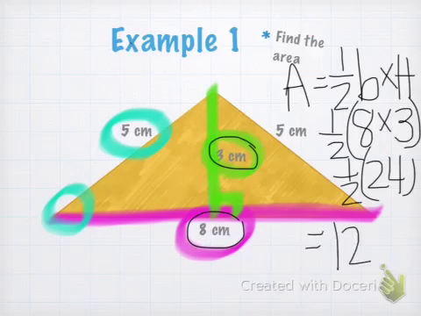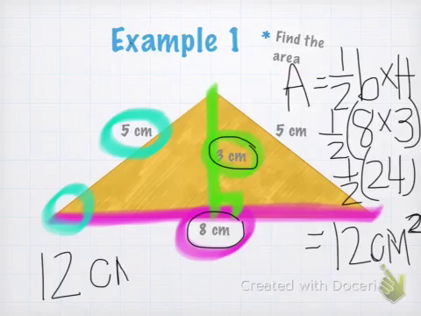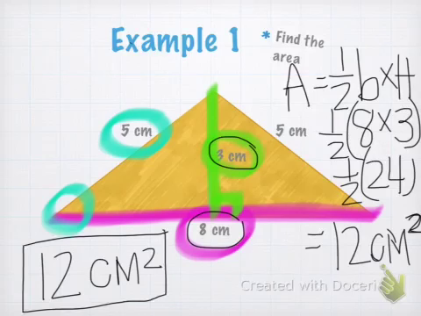And then the one thing that I do want you to pay attention to, just because it's a good habit to be in, is that this is measured in centimeters, and because we're working with area, it is centimeters squared. So sorry this is so messy, but the answer ends up being 12 centimeters squared for this example.